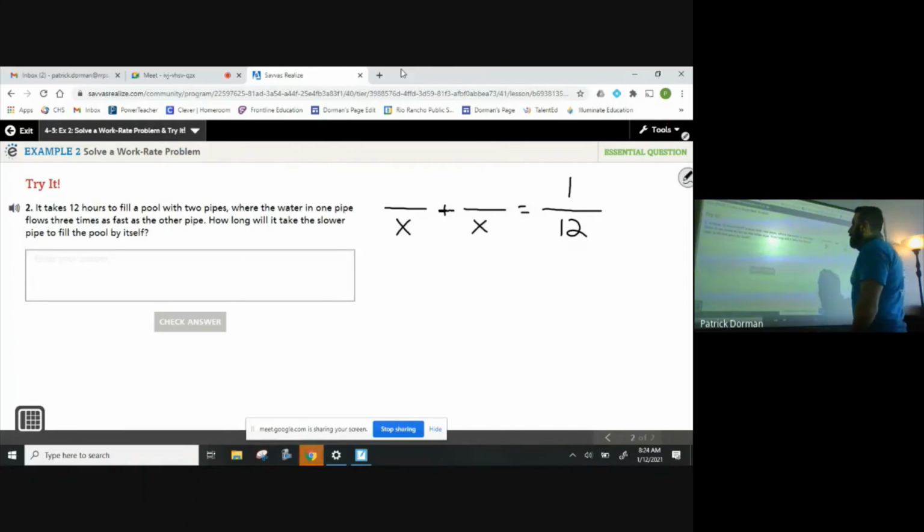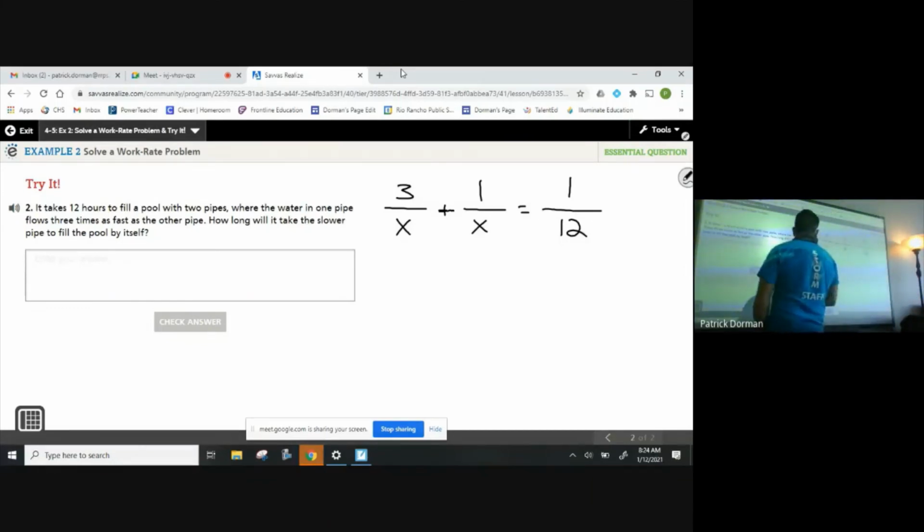What we do know is that the slower one fills one pool at a certain rate, but the faster one can actually do 3 pools at the same rate, since it's 3 times as fast, right? And now that we've got the setup, which I think is the most challenging part, right? We can find a common denominator and solve.